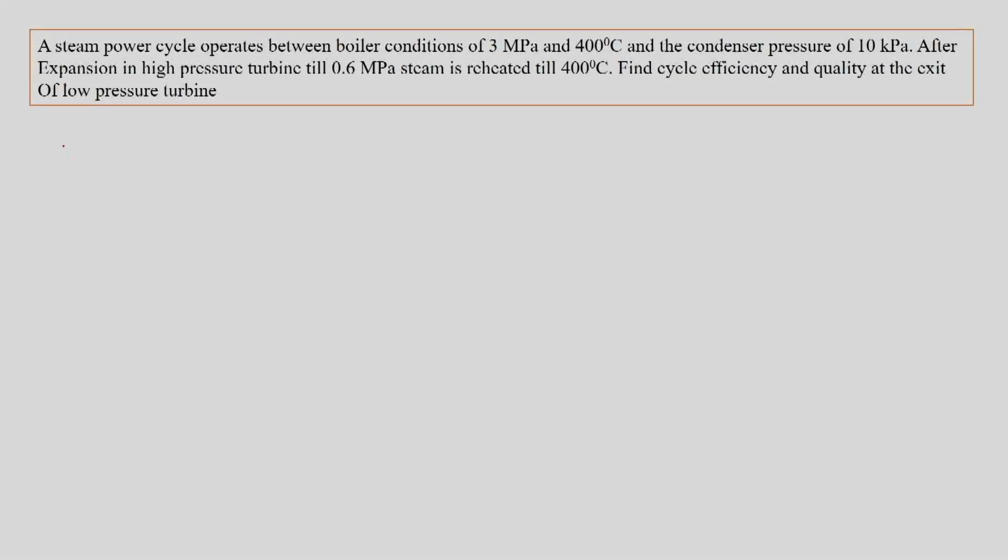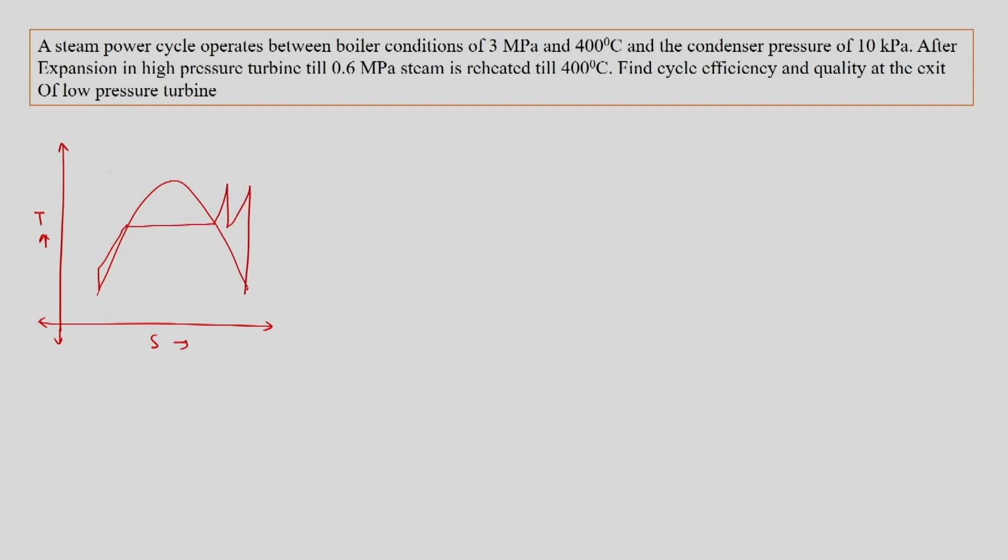Find out cycle efficiency and quality at the exit of the low pressure turbine. In this example, we are given the reheat pressure, so we don't have to find it out. But what is not known to us is the dryness fraction at the exit of the low pressure turbine.